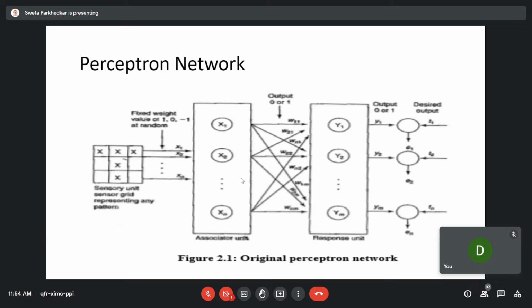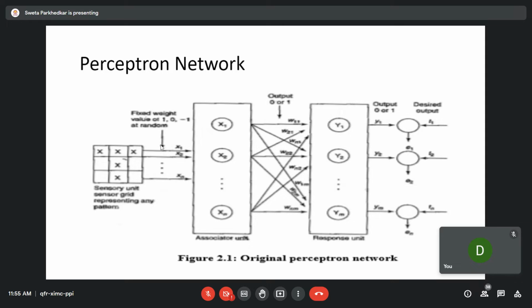So the weights that are present in the input layer are all fixed. And the weights W1, W21, W22, all these weights are responsible for training purposes.